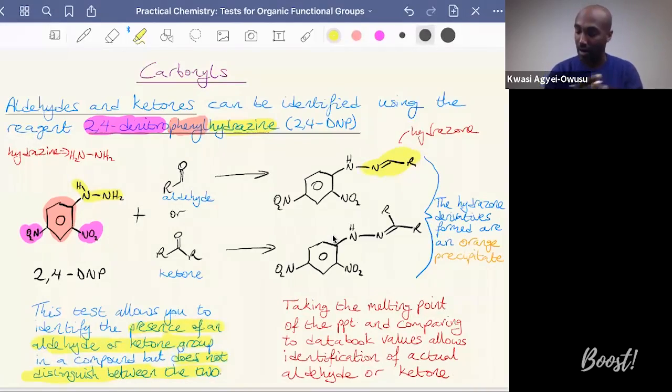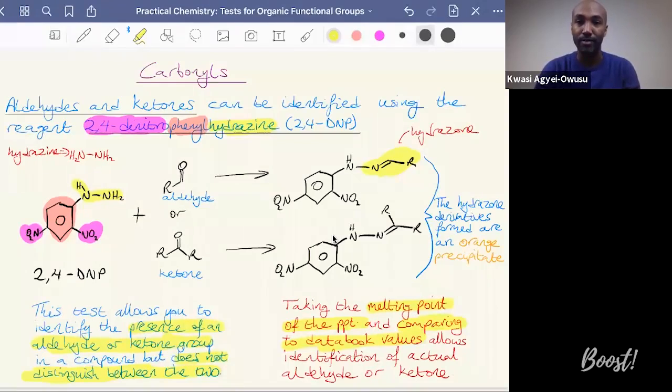Okay, so just taking the melting point of the precipitate and comparing it to data book values allows identification of the actual aldehyde or ketone. So it's something to remember because it can be tested.